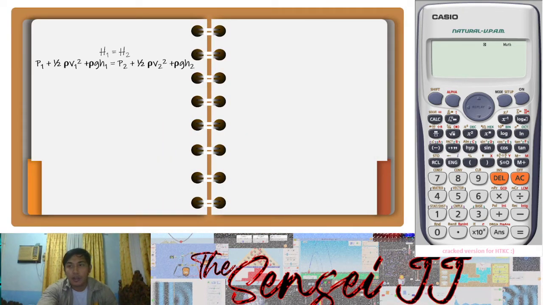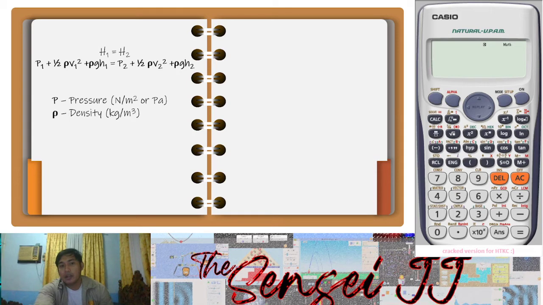Okay, so we have here hose opening 1 equivalent to hose opening 2. We have pressure 1 plus 1/2 rho velocity squared, which is mass density times velocity squared, plus rho gh. So we have here P as our pressure, in Pascal. We have here the rho or the density, mass density, in kilogram per cubic meter.